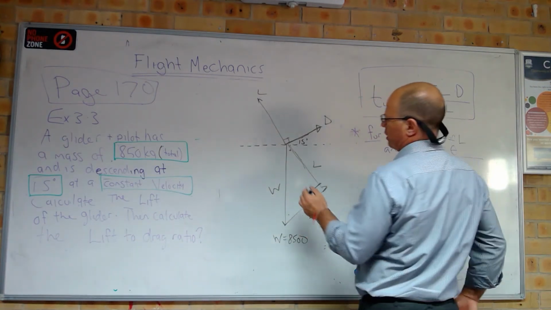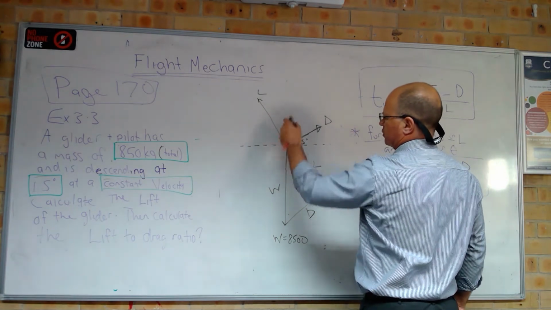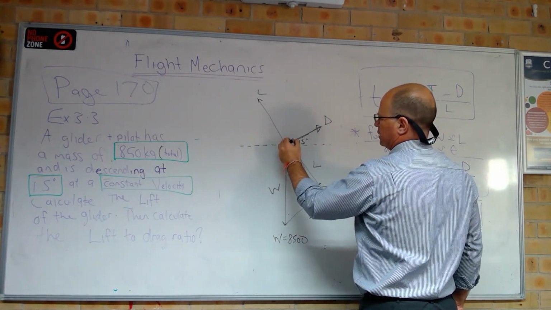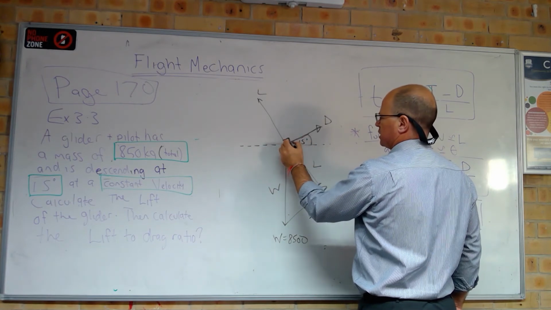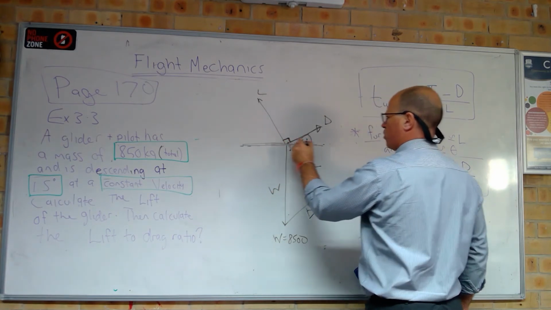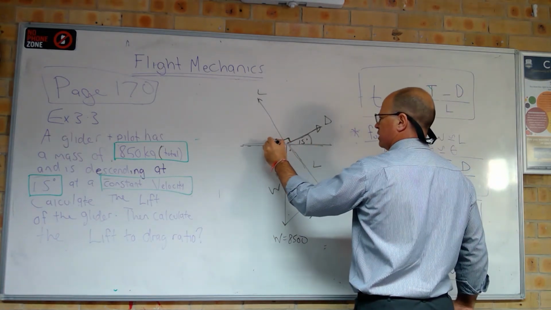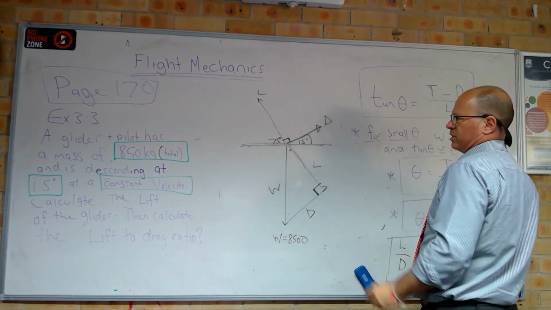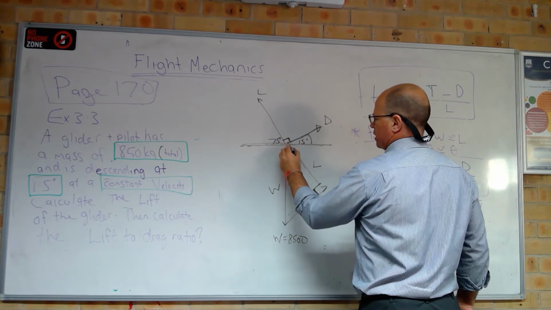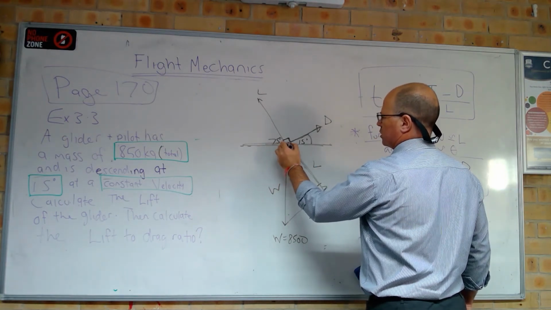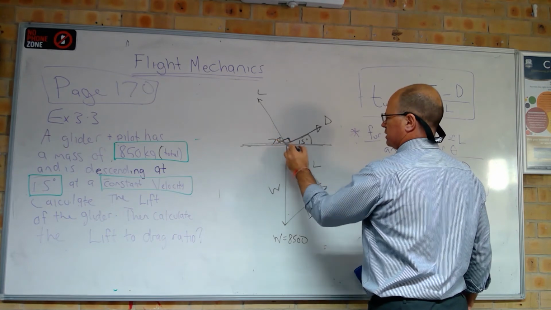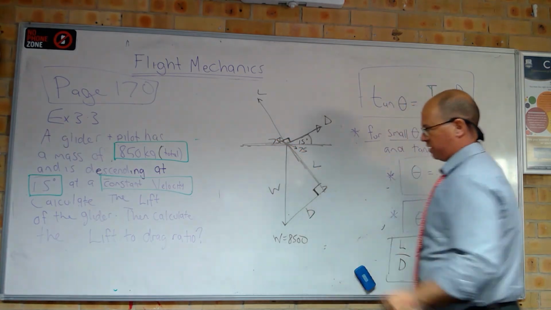So we know that because this is lift and drag, we've got 90 degrees here, we've got 15 degrees here, so 15 plus 90, in a straight line, we've got 180 degrees, so that means we've got 75 degrees there, okay? By doing that, we then know that we've got, because these are vertically opposite, that becomes 75 degrees.